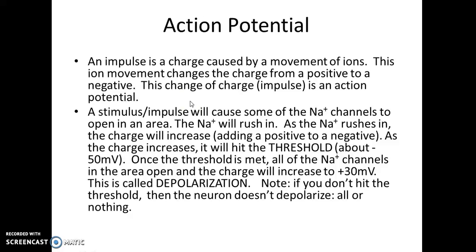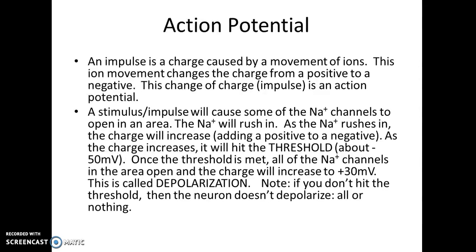A stimulus will cause the sodium channels in an area to open, and sodium will rush in because of the concentration gradient. As sodium rushes in, the charge will increase because we're adding positive to a negative.